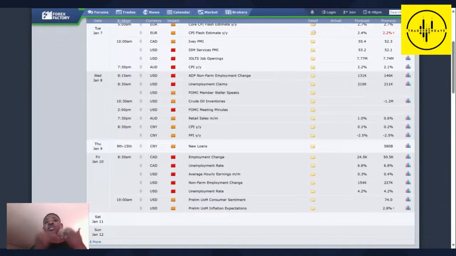So it's a build up. The data is a build up based on what the ISM and then the JOLTS report says and what the ADP non-farm employment change says.